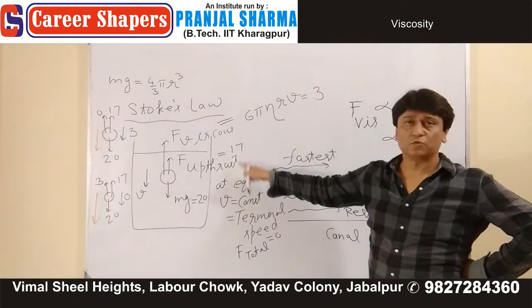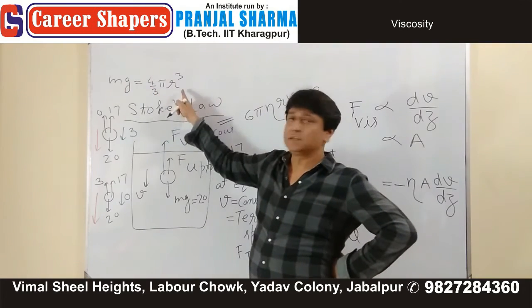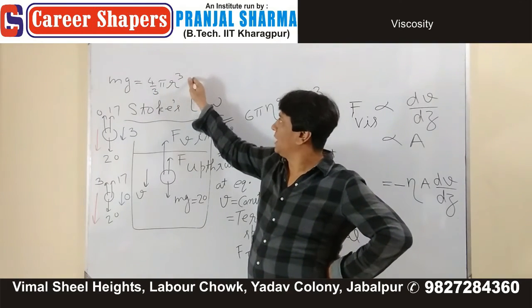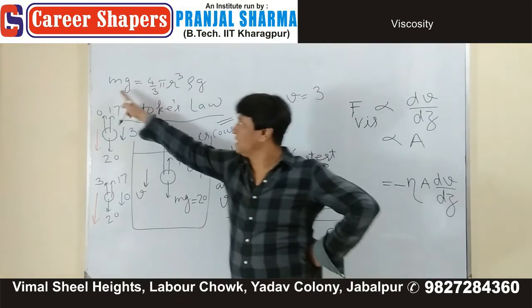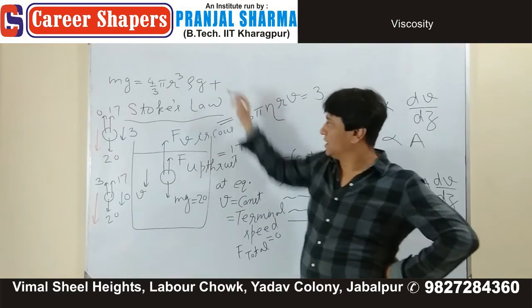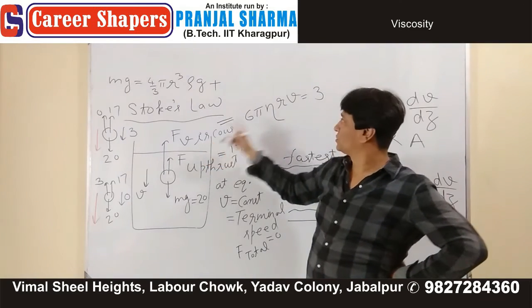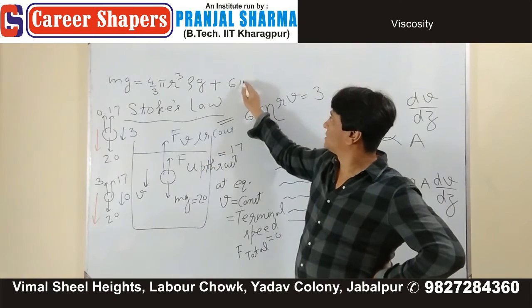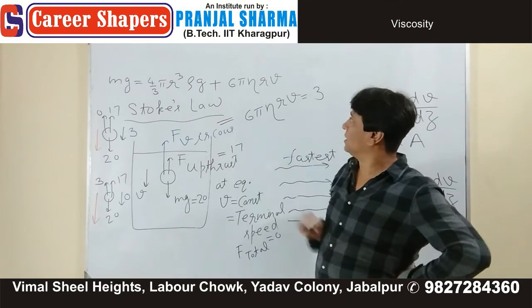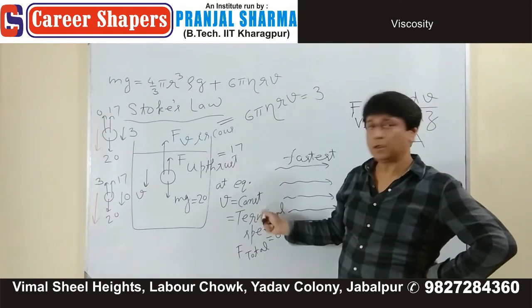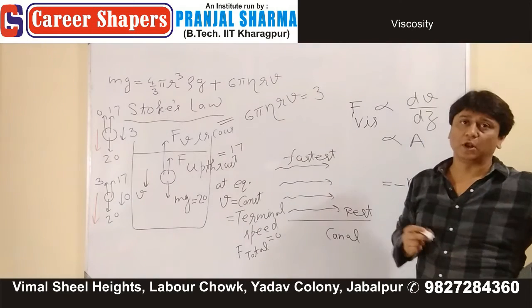What is upthrust? Volume of object submerged inside the liquid into density of liquid into g. mg is this plus force of viscosity, which is 6 pi eta r v. What is this v? Terminal velocity.